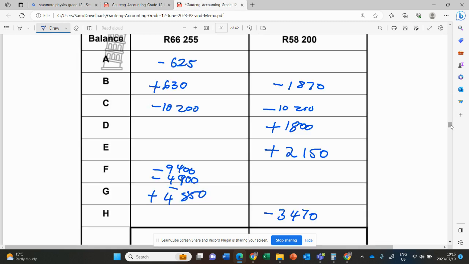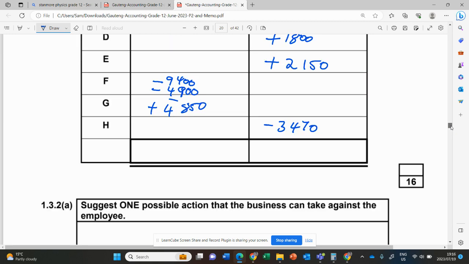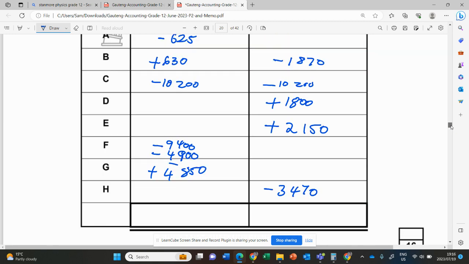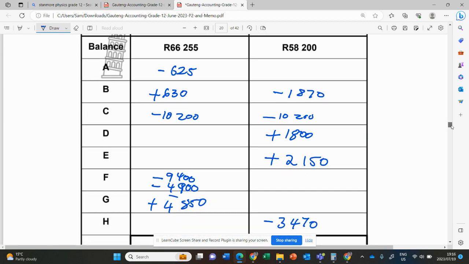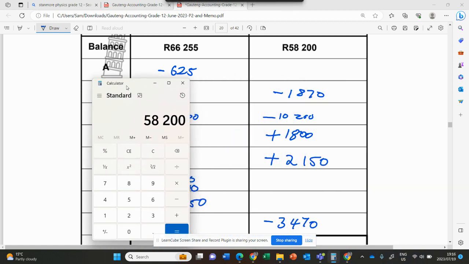So let's get our balance. For the supplier, I would say 58,200. Let me bring my calculator here. Then minus 1,870.